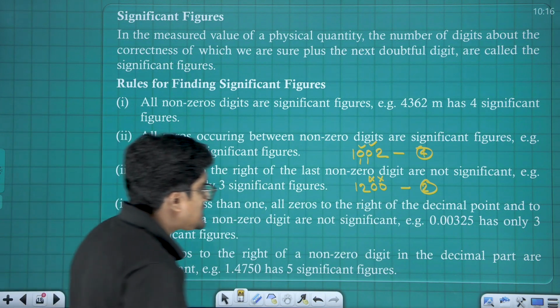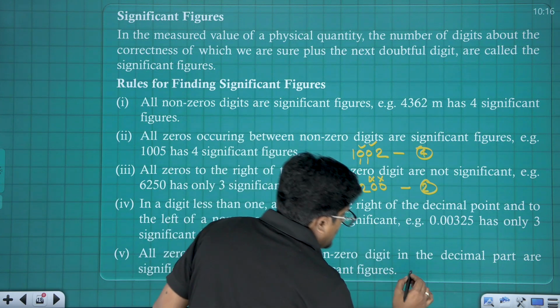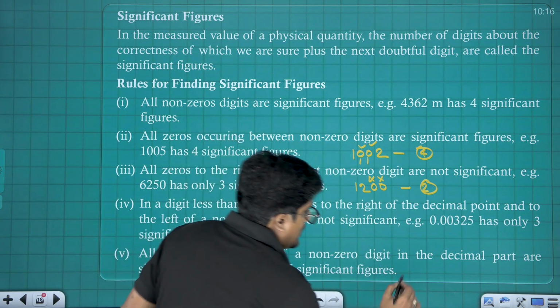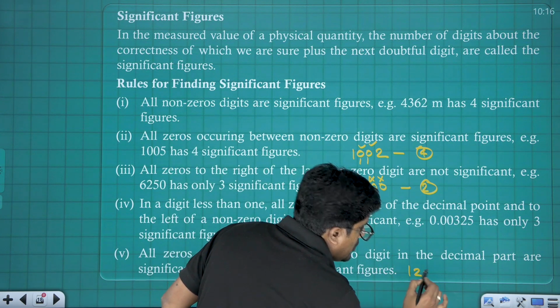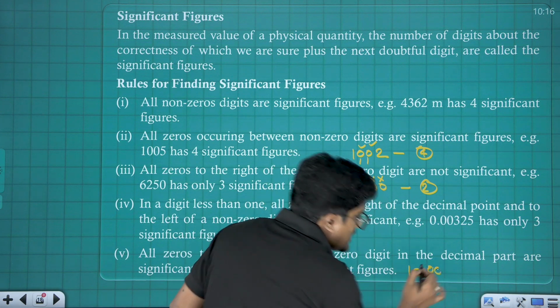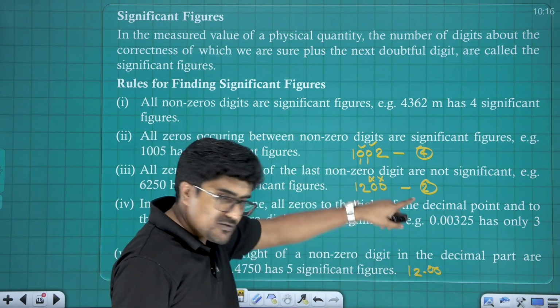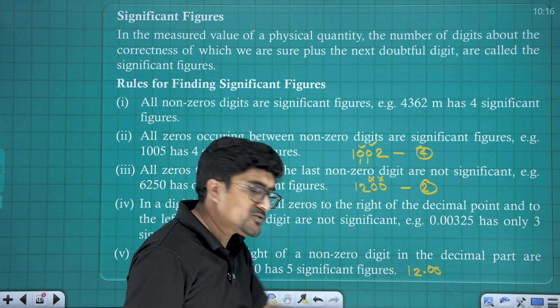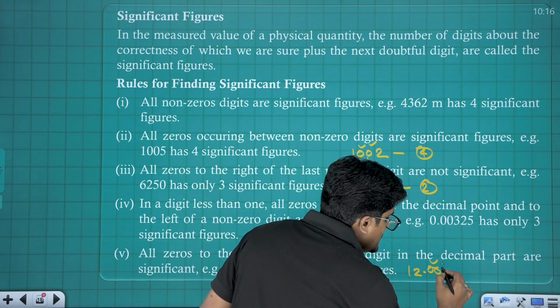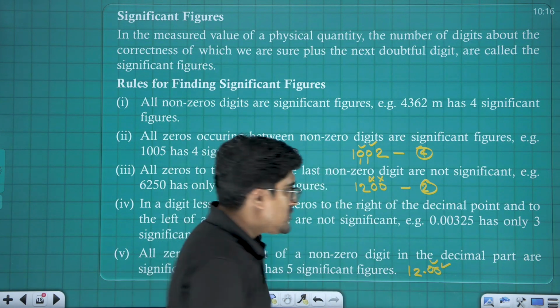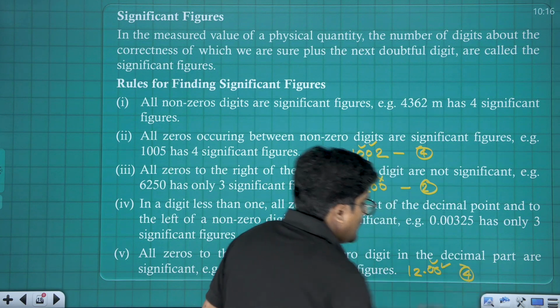The next one is 12 decimal 00. Here it was 1200, but here it is 12.00. In this case, these two zeros are significant. So here the number of significant figures is 4.